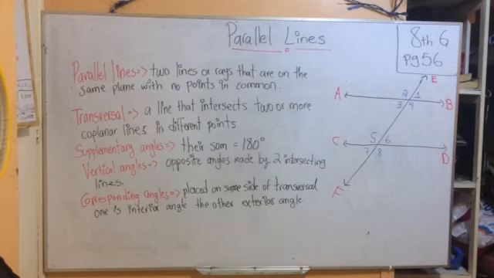Now, when we're talking about parallel lines, we're talking about two lines, or rays, sorry, that are on the same plane with no points in common. We're talking about a line that has two endpoints.